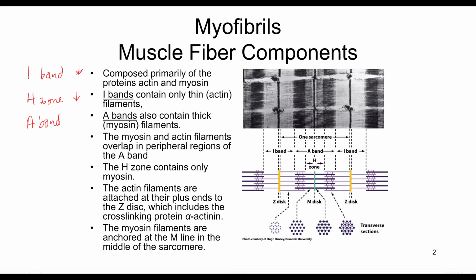What's happening to the A band? Morgan, absolutely right. Darlene, absolutely right. It's getting larger because the overlapping region between actin and myosin is growing. And so what that means is our A band as a whole is getting larger.